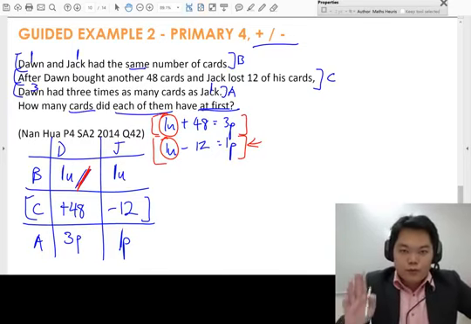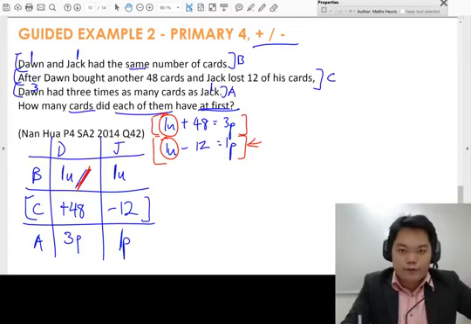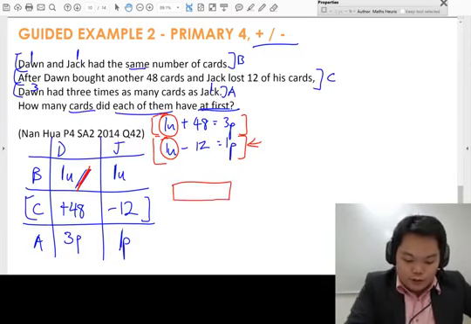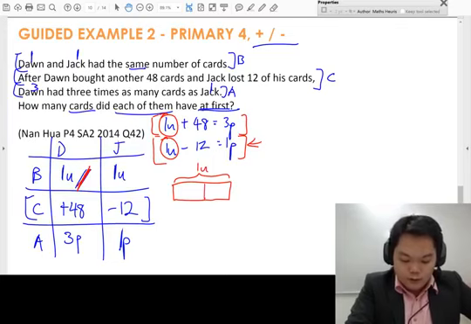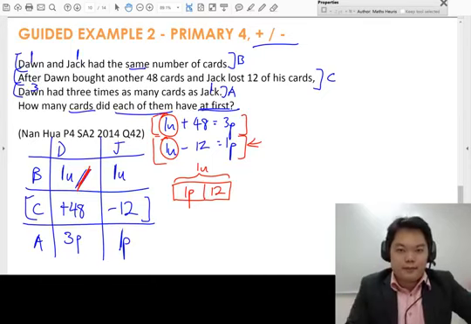As a rule, start with the negative statement first. Then it will be easier to fit in the positive statement later on. 1 unit minus 12 is 1 part. We draw out the bar, 1 unit, take away the actual value of 12. That leaves us with 1 part.